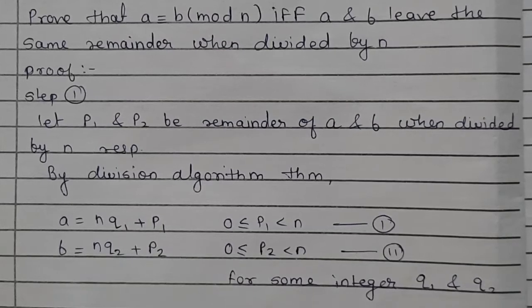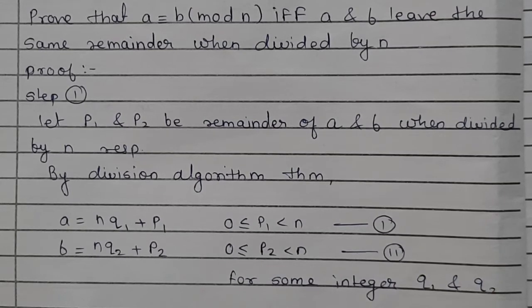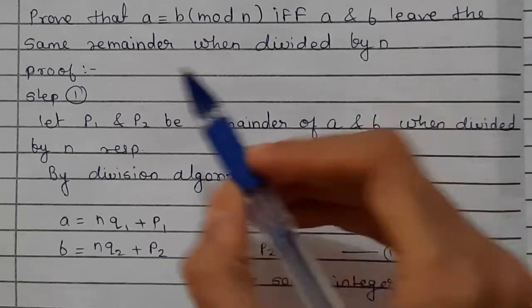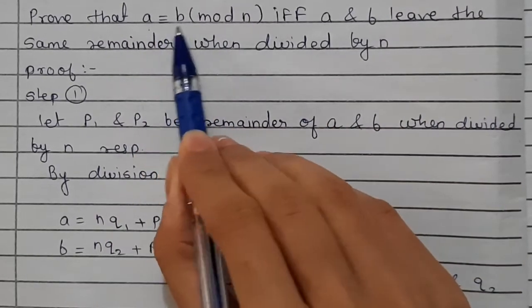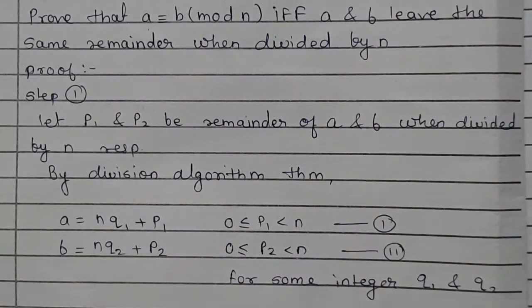Hello guys, in the last video we started a new chapter, that is congruence relation on Z. In that we learned the definition of congruence modulo n, that is, integers a and b are said to be congruent modulo n if and only if n divides a minus b. In mathematical form we write a is congruent to b mod n if and only if n divides a minus b.